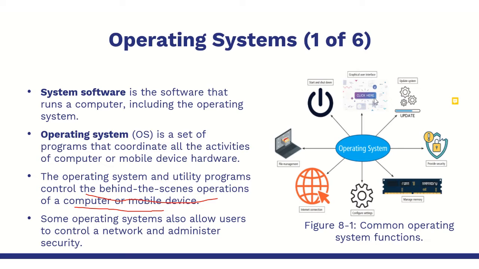You can see here a flow diagram. This diagram describes operating system functions. In the core of the system is the operating system, this oval shaped center is the operating system, and it is connected to the icons of the operating functions from the top in clockwise direction.